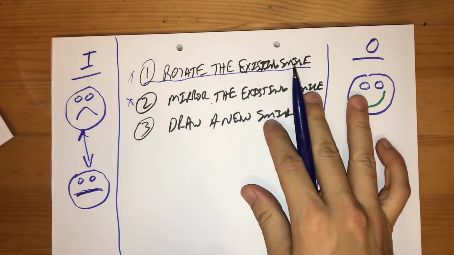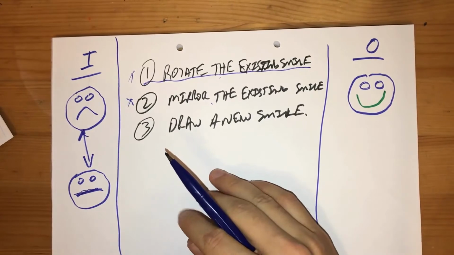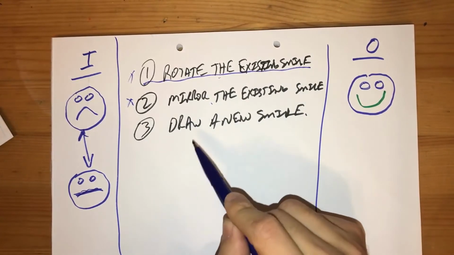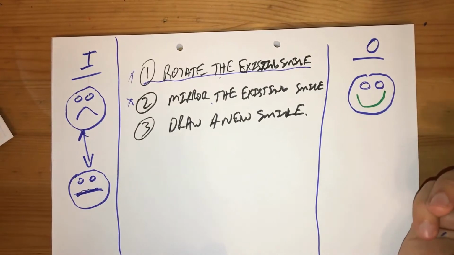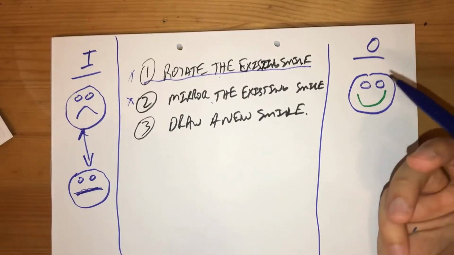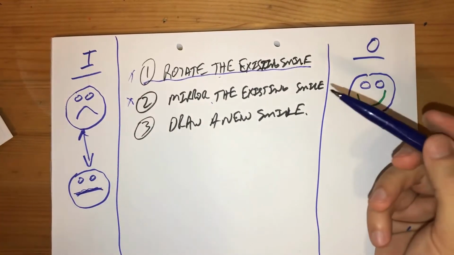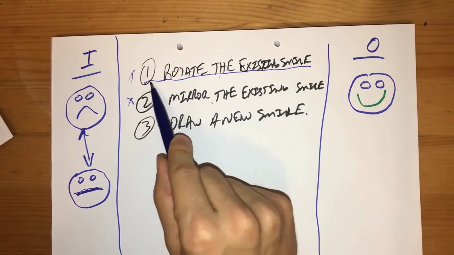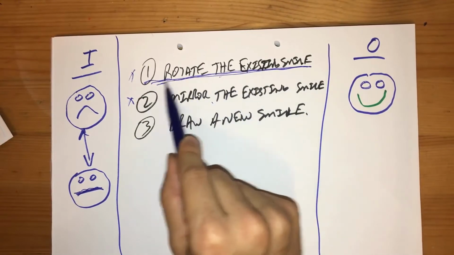And there were 3 types of options for us getting this done. We could rotate the existing smile, we could mirror the existing smile, we could draw a new smile. Now, in this situation, all 3 are still going to be valid. We had preferred before to rotate the existing smile.